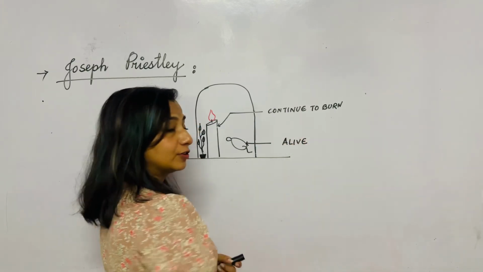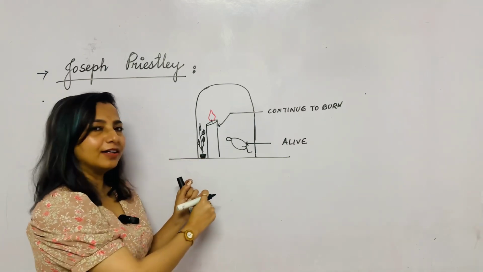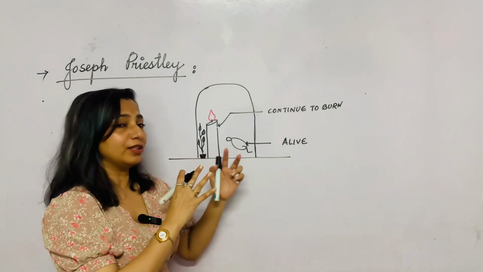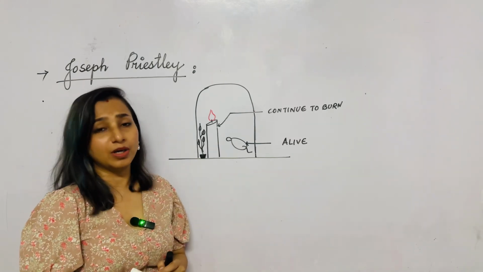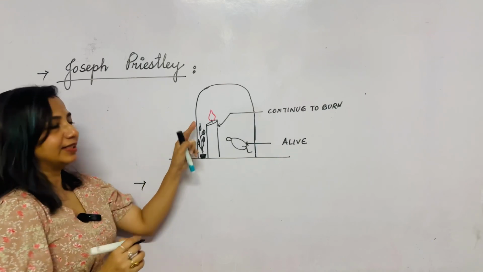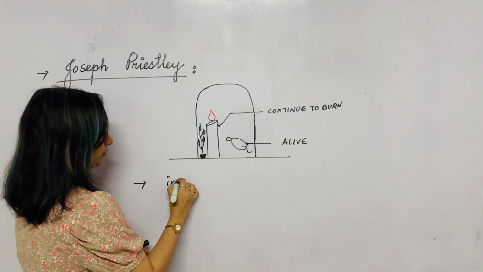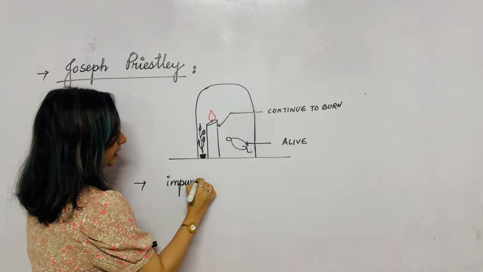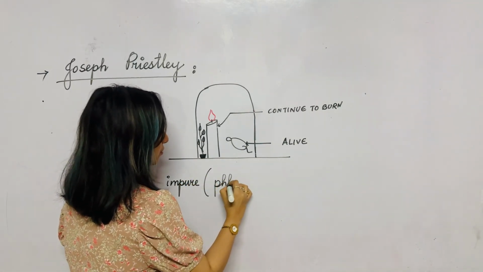It survived. Clear? Simply by introducing the plant, he found out that the candle was able to burn continuously and the mouse survived. How? He suggested that while burning, the candle made the air impure. Upon burning, the air became what? Impure. What he called phlogiston.